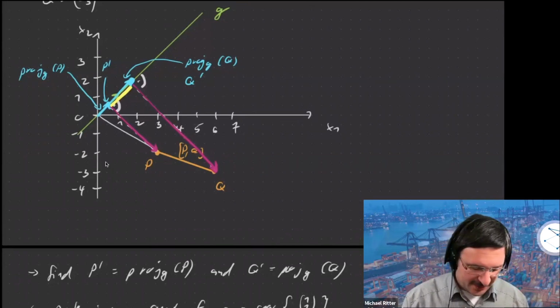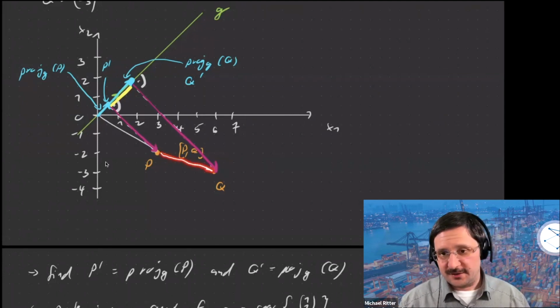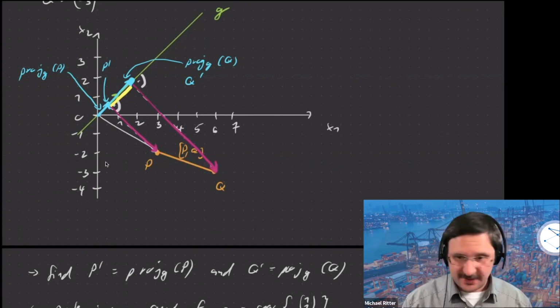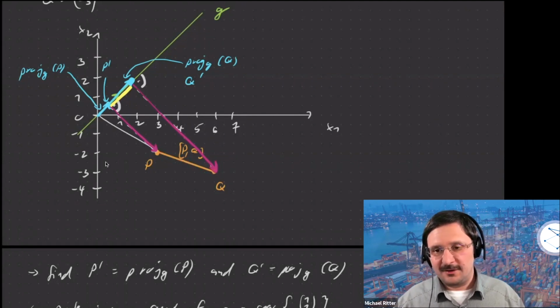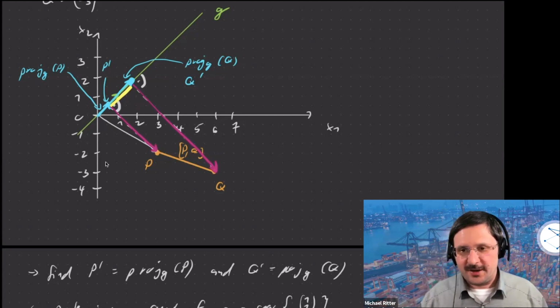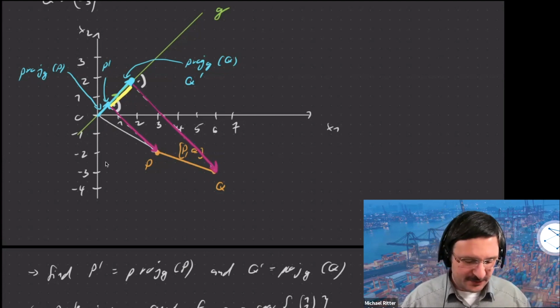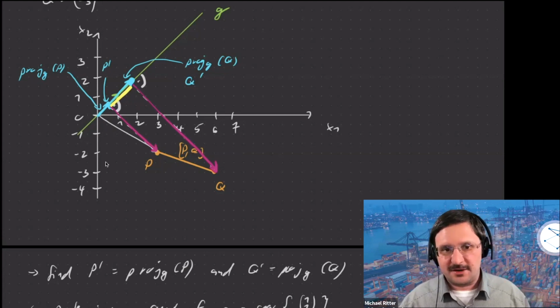So once again, if you compute this difference vector here and then compute the projection of that one directly onto G, that's also fine. It should give you the same result lengthwise. You're just not getting the projections of the individual points, P and Q, but that's nothing the problem statement asks for. So that solution would be fine, of course.